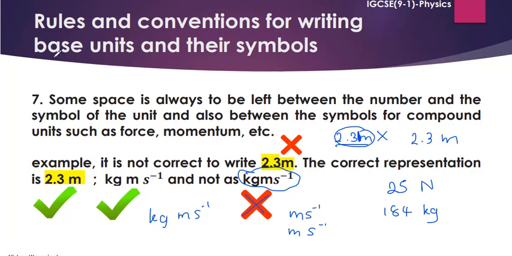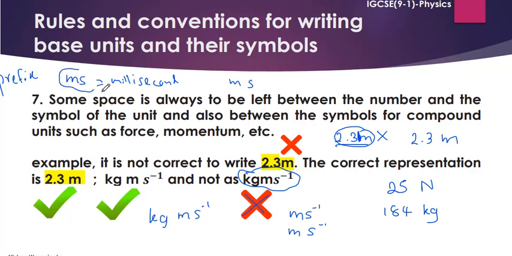And remember why this is important. When you learn prefix, right, you will understand that. Suppose you have meters second. If you write like this, it represents milliseconds, not meter second, right? Suppose you have a unit called meter second. Meter second you have to write with a space, then only you can understand this is meters second.